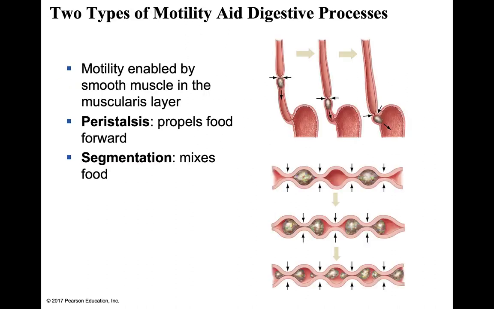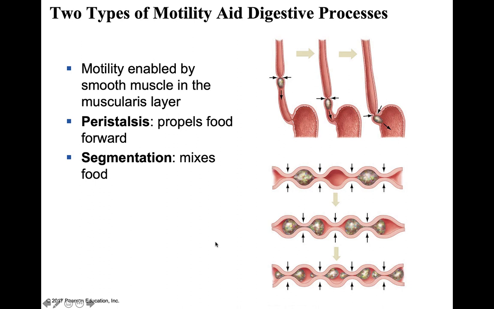Now here, there's two basic types of movement or motility that we're going to see. One is peristalsis, and this is actually movement through, and we can kind of see that here. So when this smooth muscle contracts, what it's actually doing is moving food through the GI tract. Then there's segmentation, and this is actually mixing.